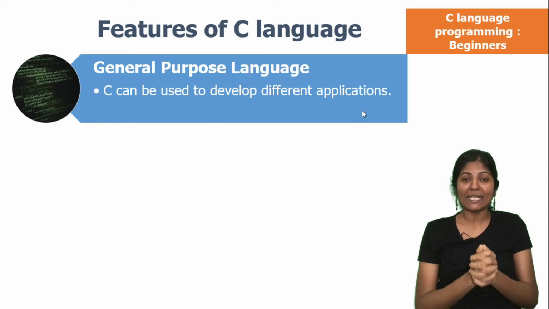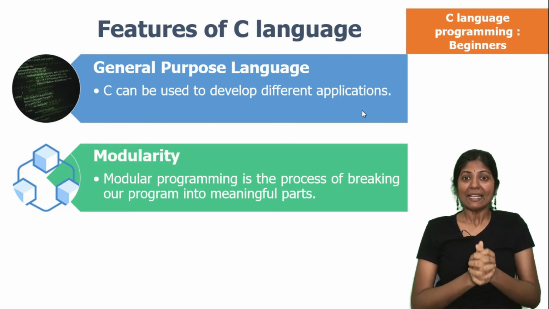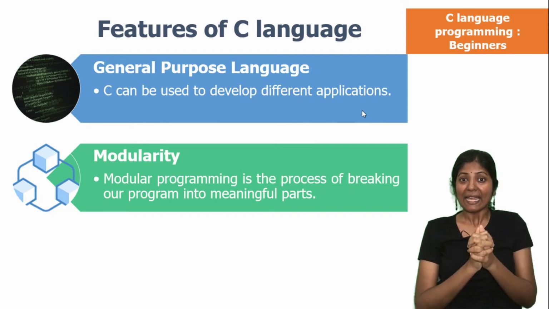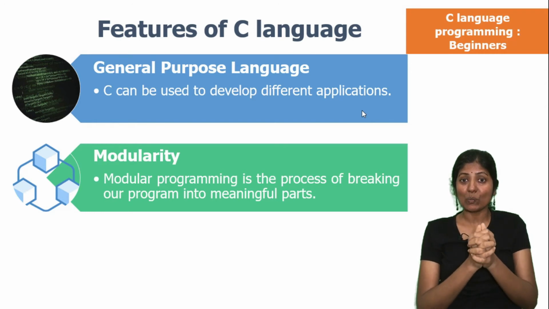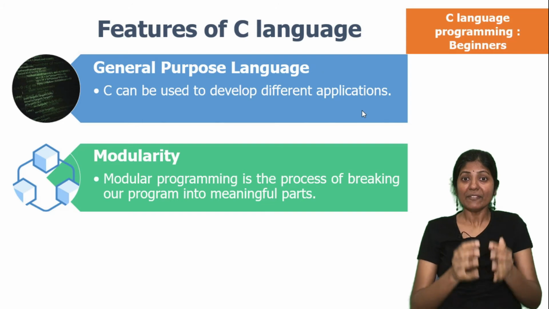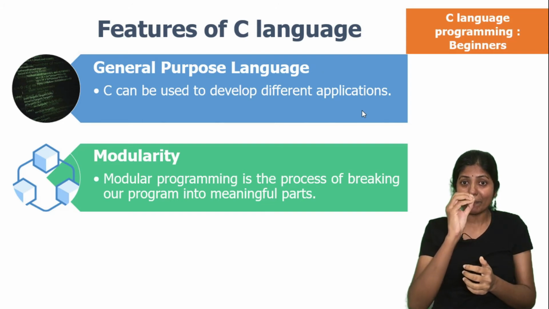Let's move on to the next feature of C language, which is modularity. It is a very important concept of C. Let's say, for example, we want to write a program to solve a big problem. Instead of solving the problem at one single point, we will divide that big problem into small meaningful partitions.